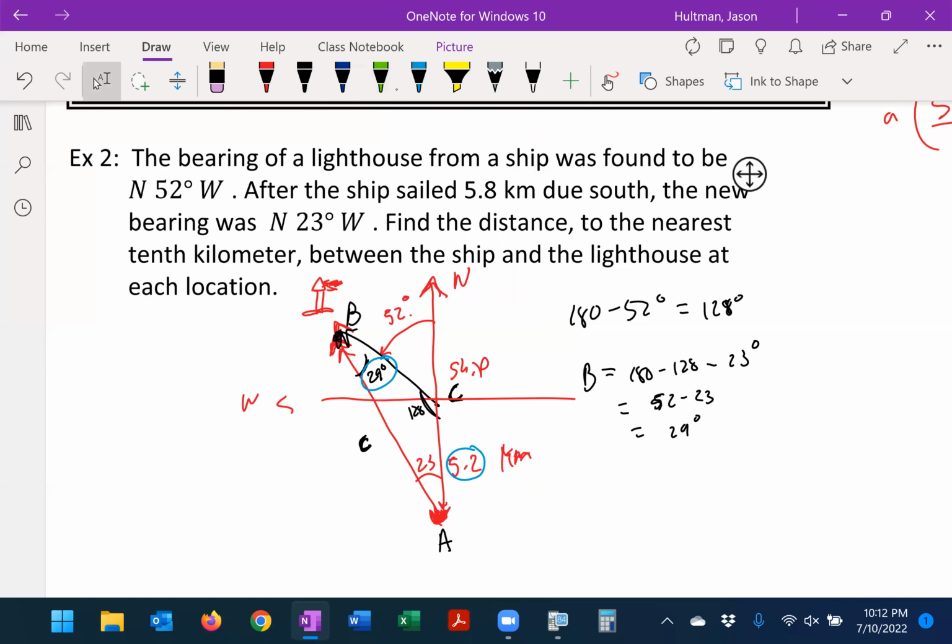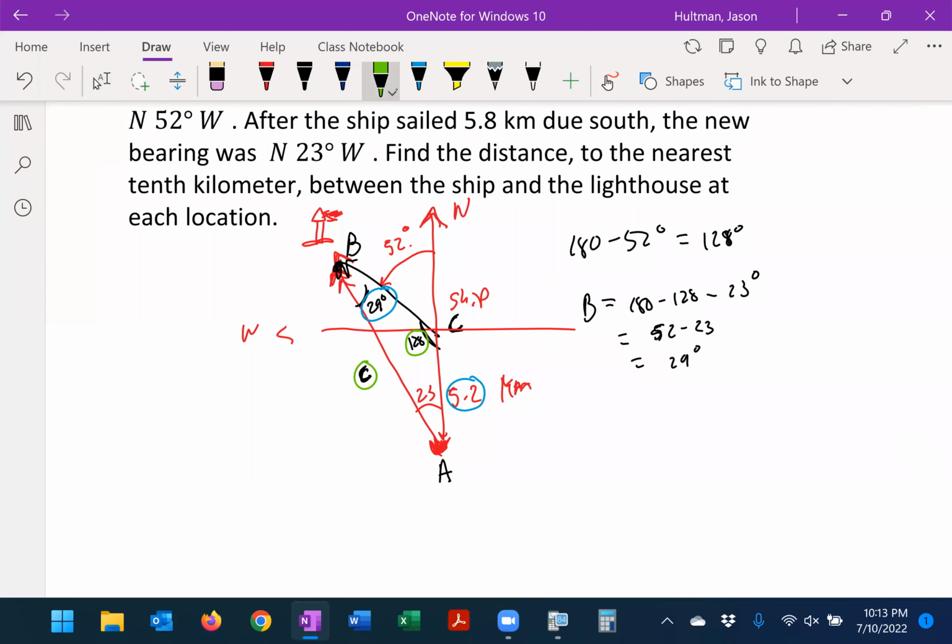Angle opposite side, angle opposite side. So we can say that the sine of angle B over side B, which we're going to call 5.2, is equal to sine C over side C. And side C is what we're really looking for.